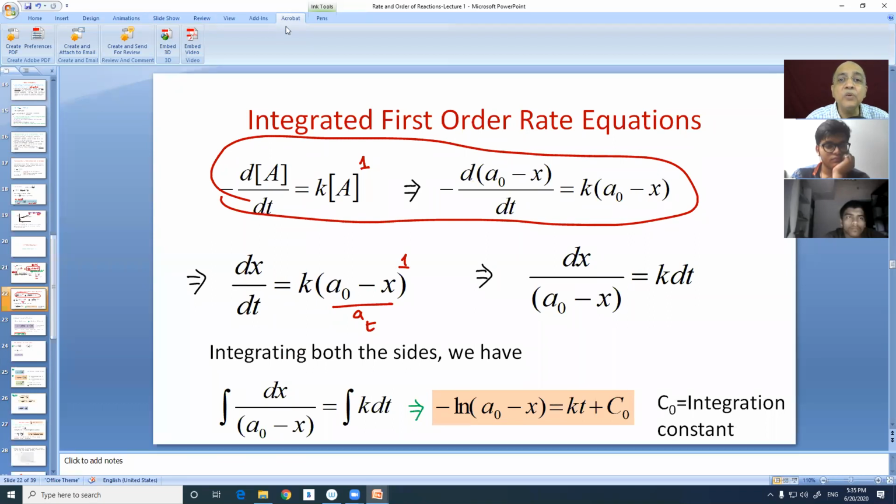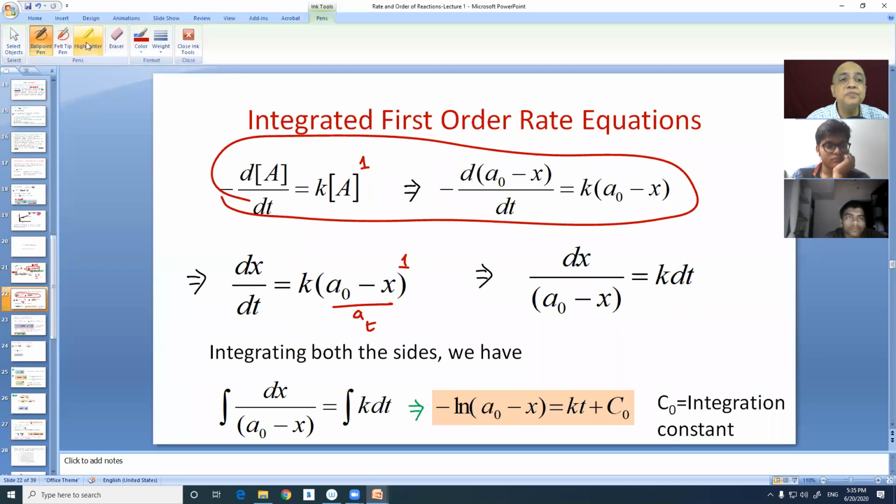Then what we do here is bring a0 minus x to the denominator of the left side and dt to the right side. So dx by (a0 minus x) is equal to k dt. Now let us integrate both sides. For those who have not studied integration, the integration of 1 by x dx is equal to ln x.